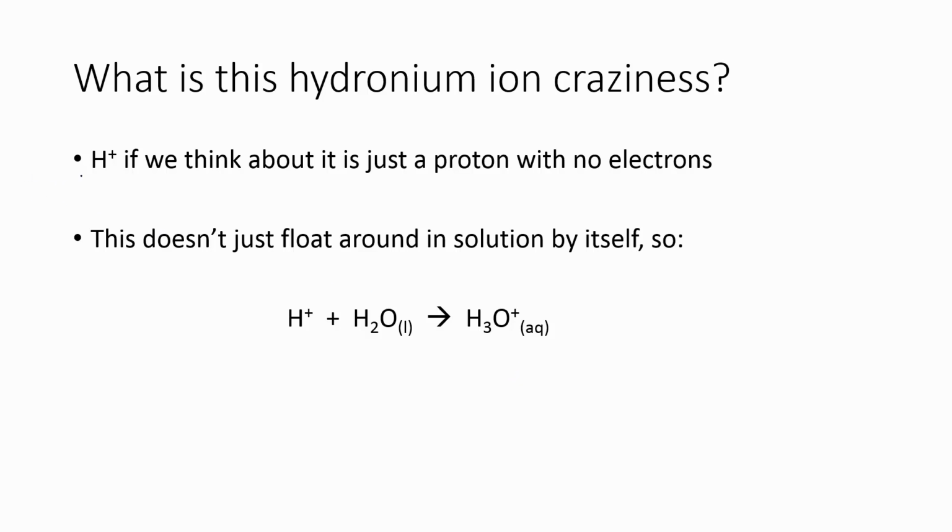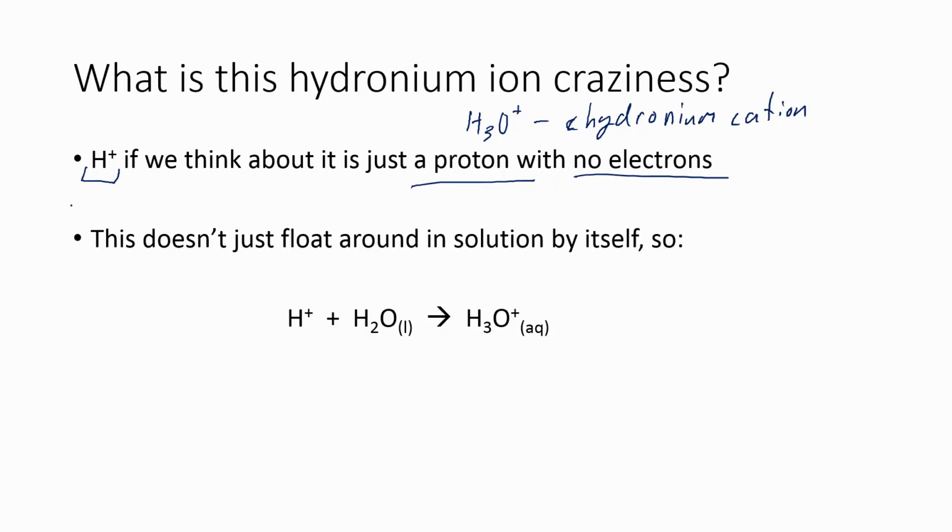Now, in this book, they talk about hydronium cations, which are H3O plus. Their idea here is that we have a proton, if we talk about H plus, and a proton with no electrons is just a subatomic particle.